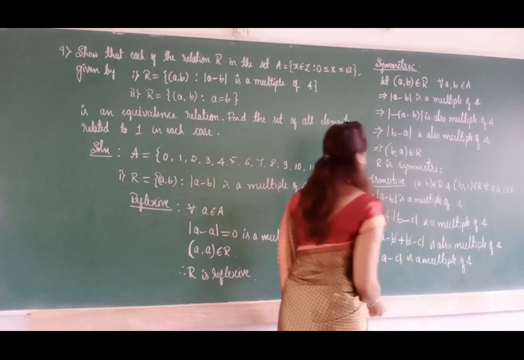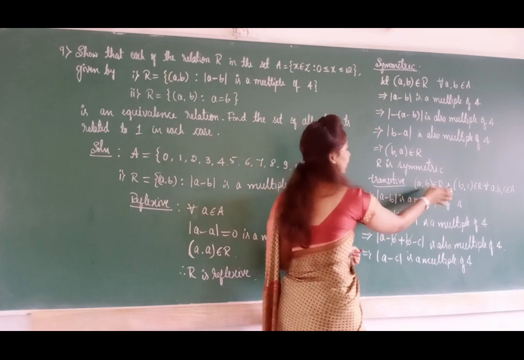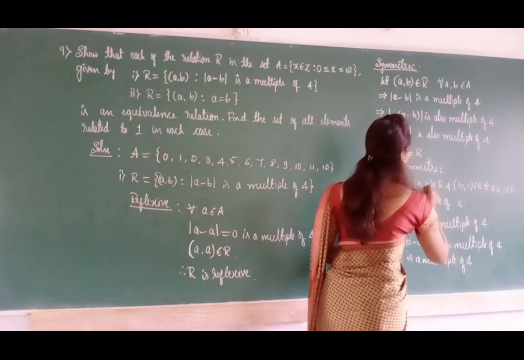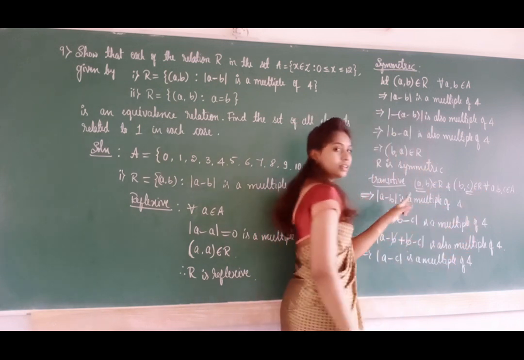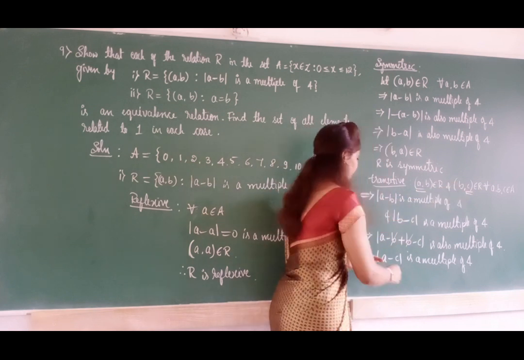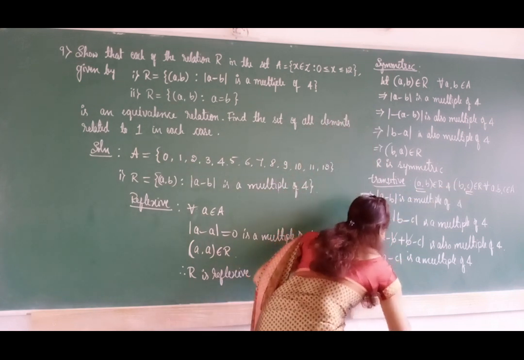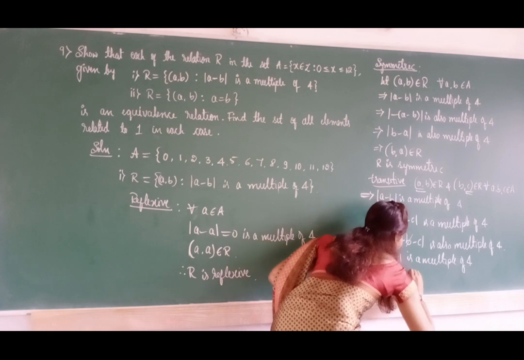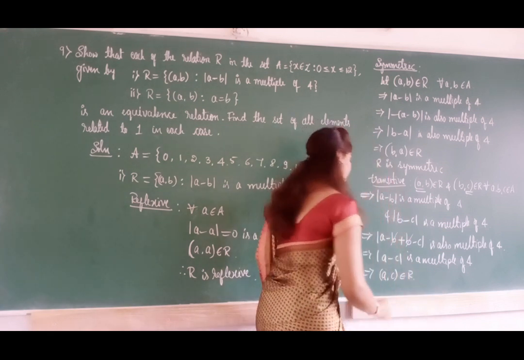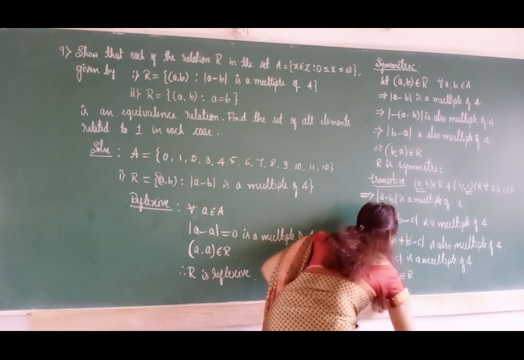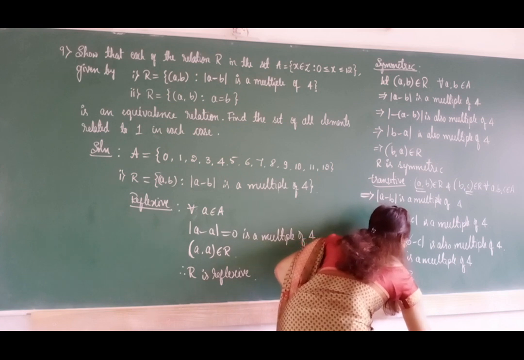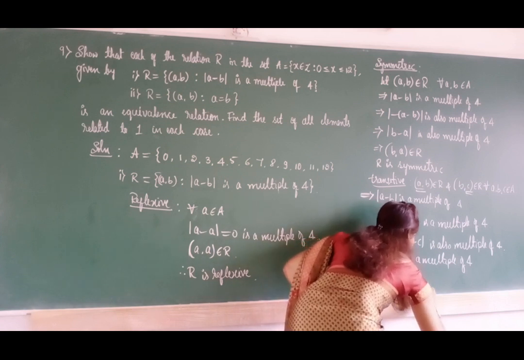So what we get? First we take AB belongs to R and BC belongs to R. Then we proved ordered pair A and C. A minus C means ordered pair A comma C belongs to R. Hence R is transitive. Okay.